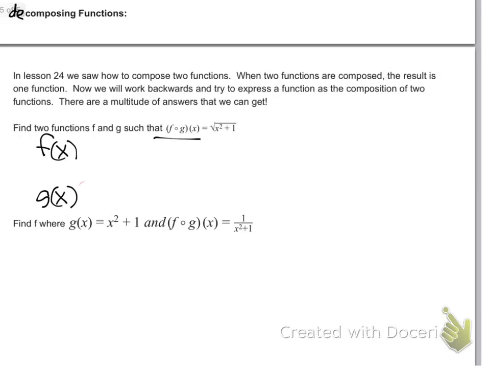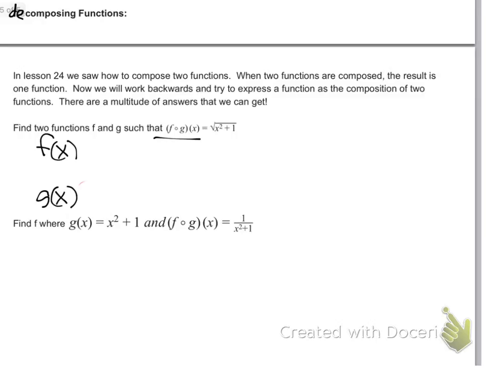Remember, which one's the inside function? Which one's inside? f composite g. One of them's inside. Inside what? Inside the other. f composite g of x. f of x was your outside function. g of x was your inside function.